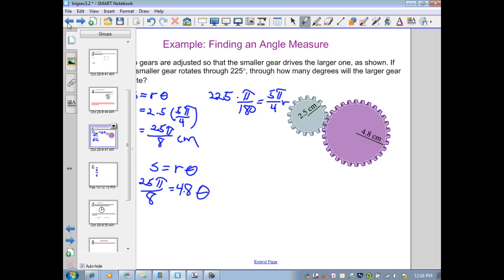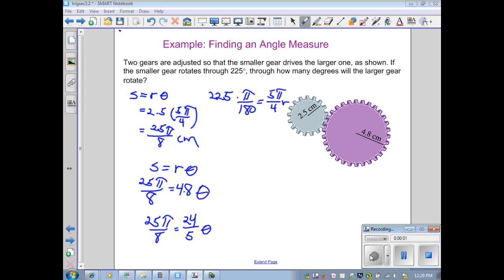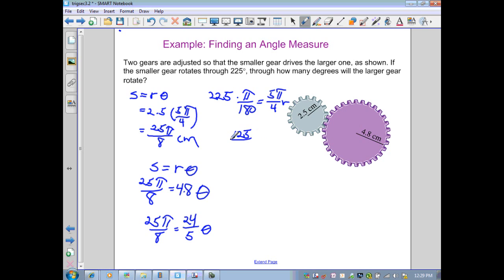So now we have 25 pi over 8 equals 24/5 theta. And to solve this, I'm just going to multiply both sides by 5 over 24, which gives us 125 over 192 pi radians for theta.